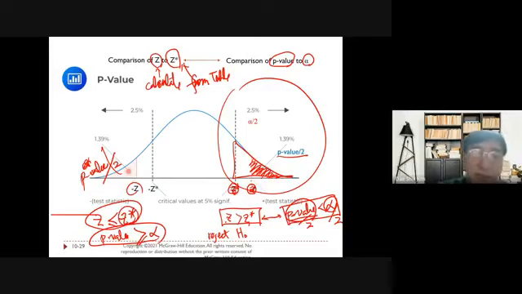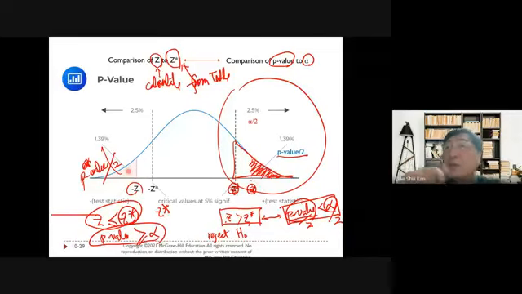To compare Z to Z star, we need to look at the normal distribution table to find Z star.